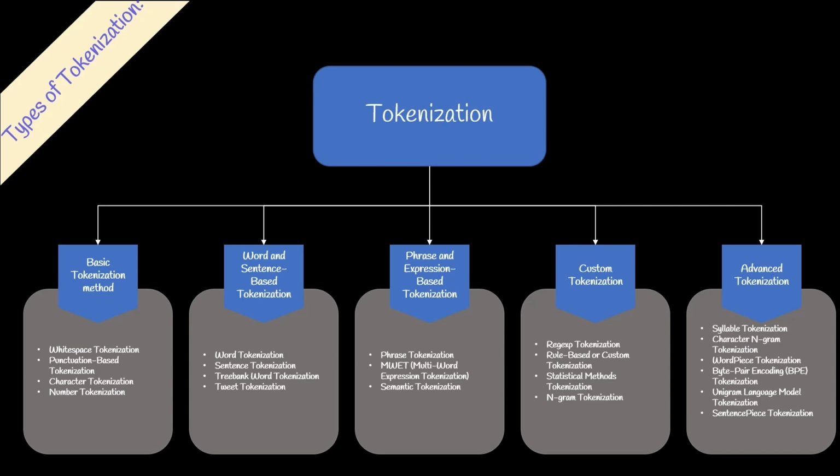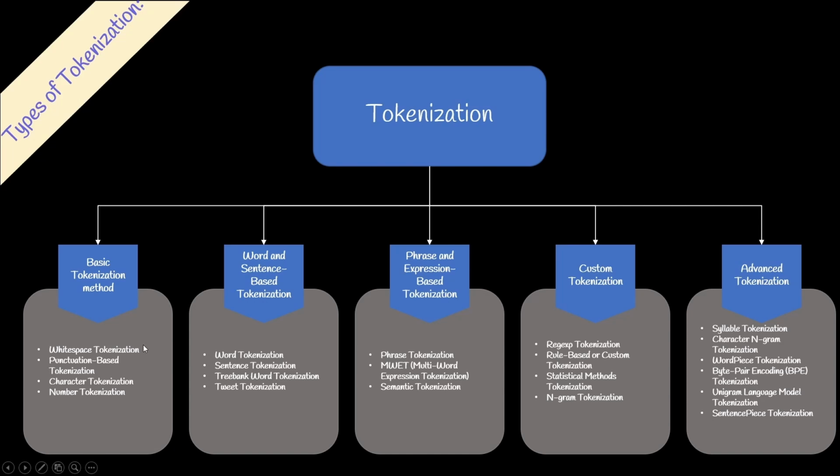We'll discuss all about this maybe in a later session, but for now, let's focus on different types of tokenization techniques. If you see on a broad level, tokenization is categorized into these 5 types: basic tokenization method, word and sentence based tokenization method, phrase and expression based tokenization method, custom or rule based tokenization method, and advanced tokenization method. We'll cover each one step by step.